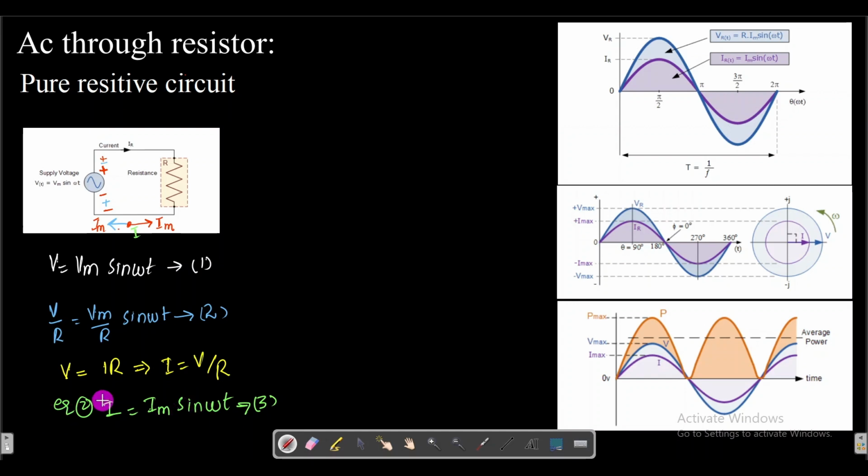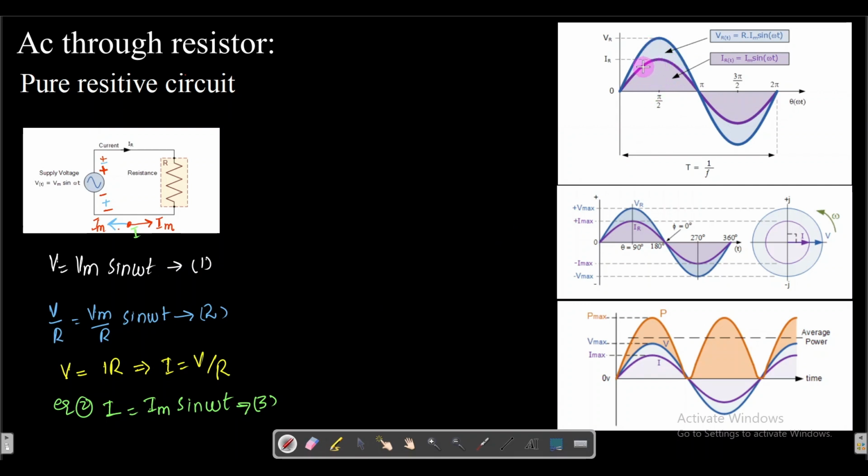So from here we conclude that this voltage and this current are both sine functions, so both are in the same phase.